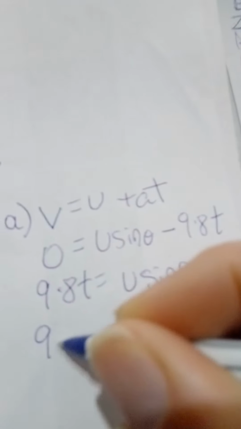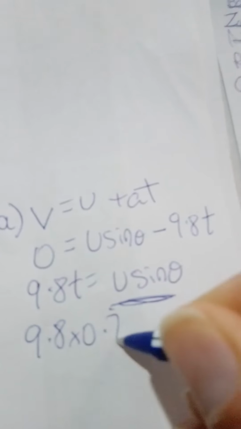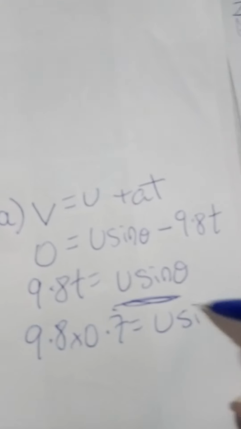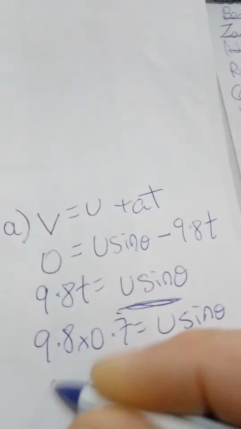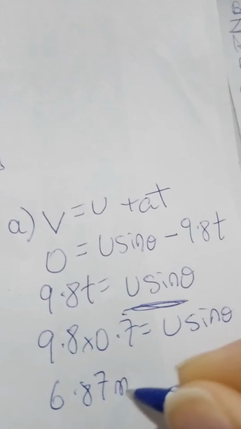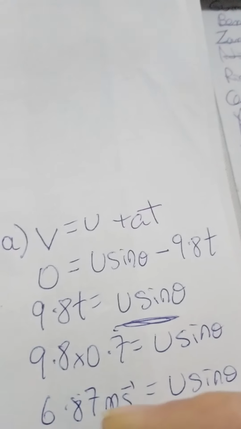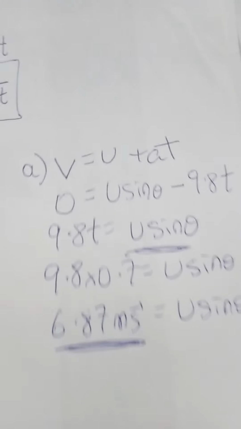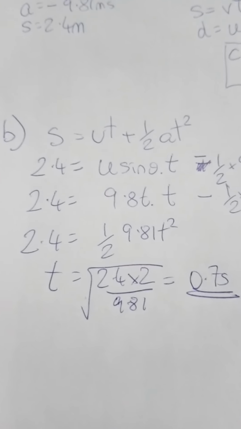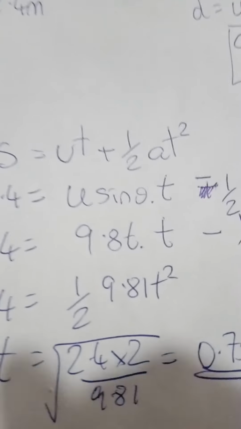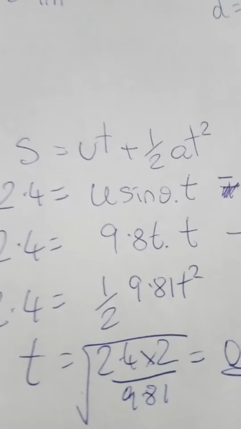We know the time, so 9.81 times 0.7 equals u sine theta, and 6.87 meters per second equals u sine theta. So over there we've got part A, worked out neatly. Part B, what is the time, is also worked out for us. So we can continue now.